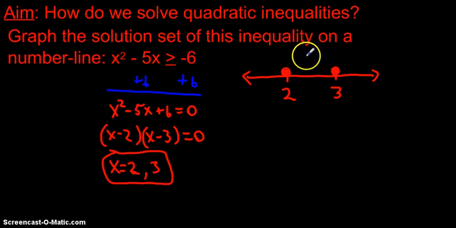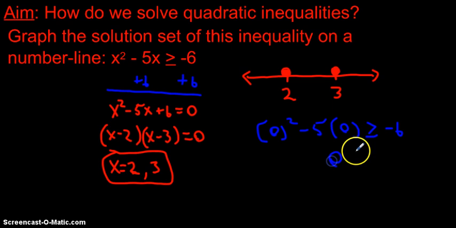So how to check? Well, we pick a number that's easy to use and see if it satisfies the inequality. I would recommend you always use 0 unless 0 is one of the critical values. So let's plug 0 into that inequality. 0 squared minus 5 times 0 is greater than or equal to negative 6.